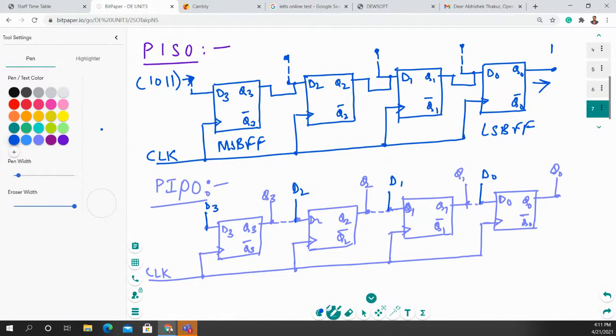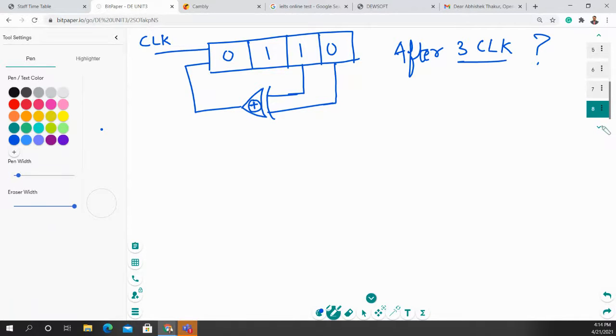For parallel output data, we require the clock pulse equal to 0. For input, you require clock pulse as 1, and for output, you require clock pulse as 0. After 3 clock pulses, you have to find out the output. You have to shift the bit toward the right hand side.